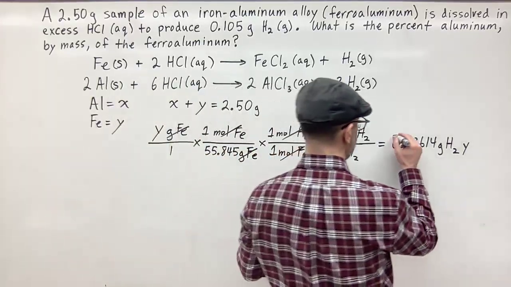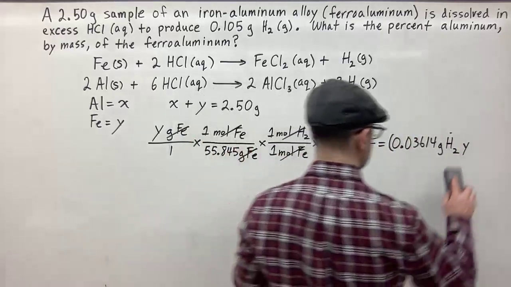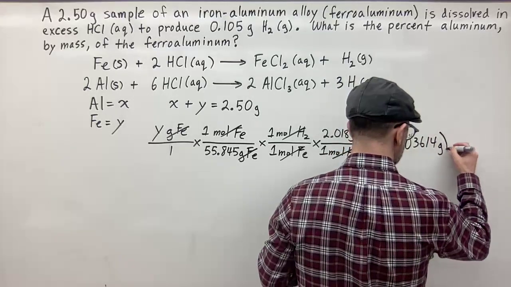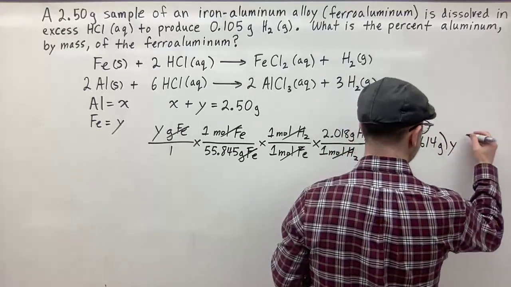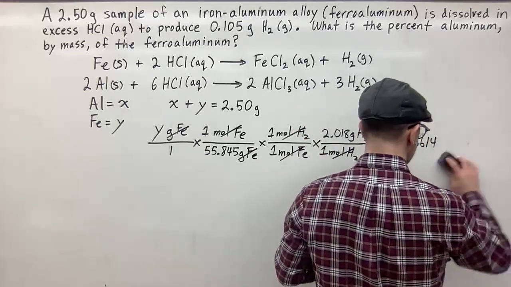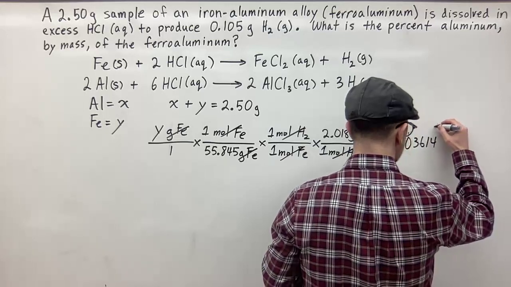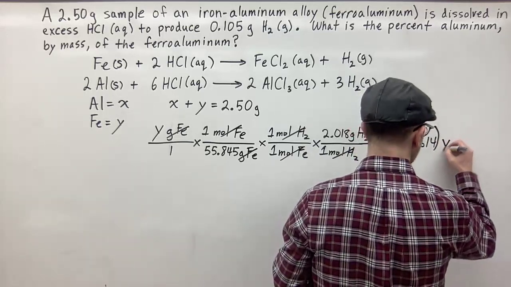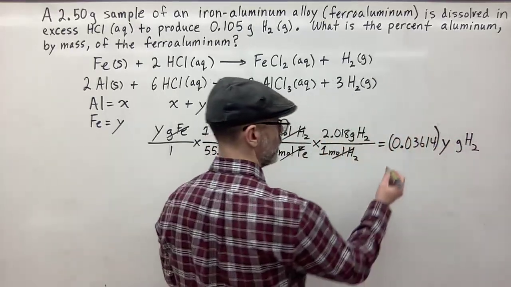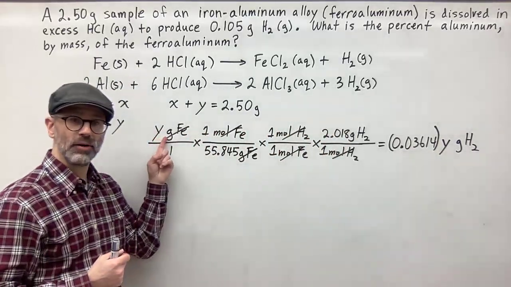So here I have 0.03614 times Y grams of hydrogen, right? So this is the amount of grams that came from a Y amount of iron.